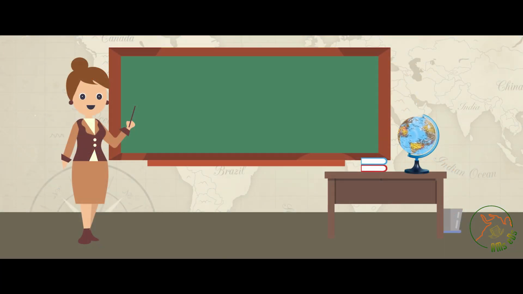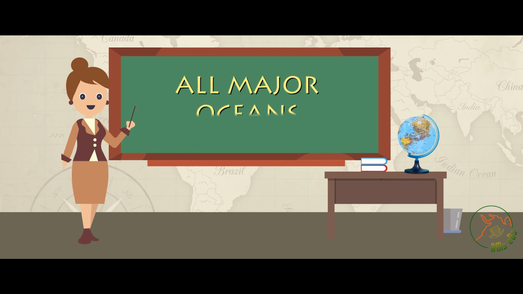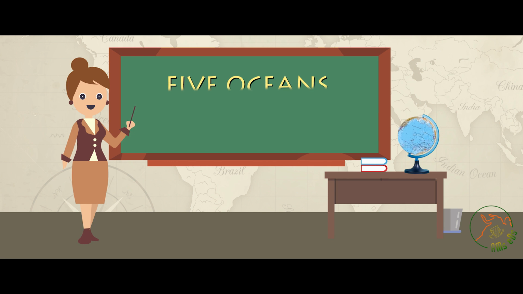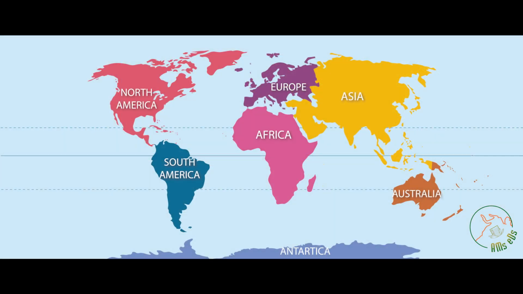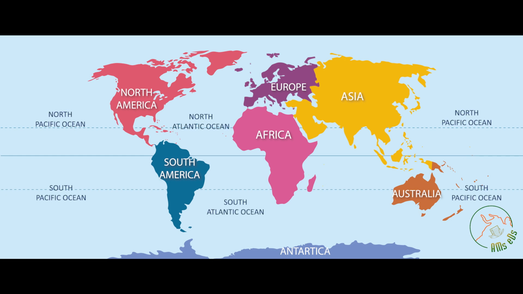Moving on to the first topic of the session, all major oceans. The 5 oceans from largest to smallest are the Pacific Ocean, the Atlantic Ocean, the Indian Ocean, the Southern Ocean, and the Arctic Ocean.